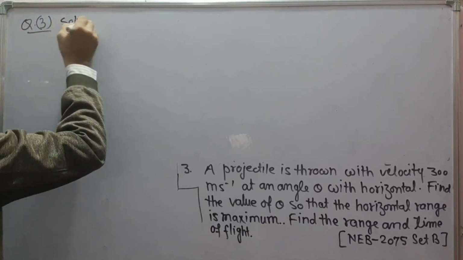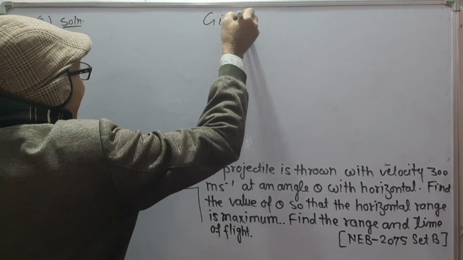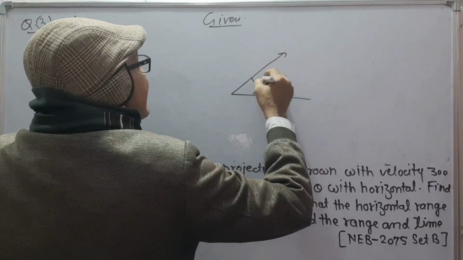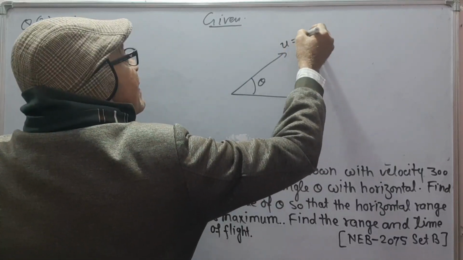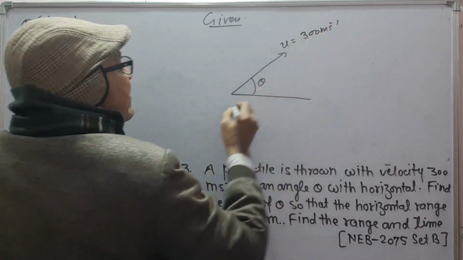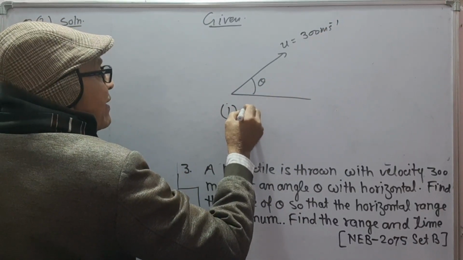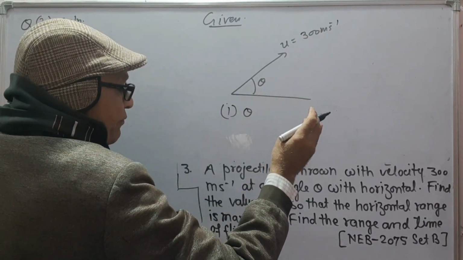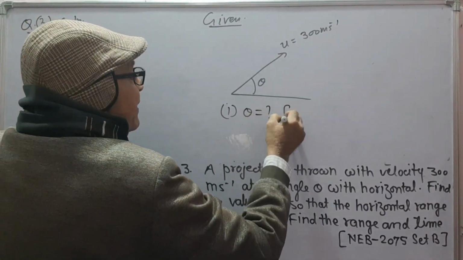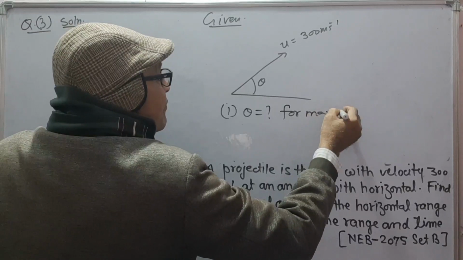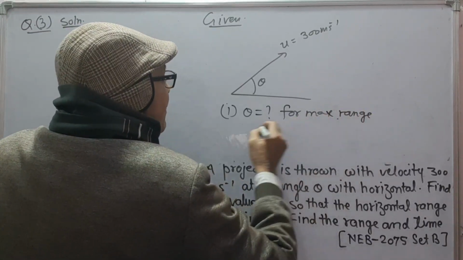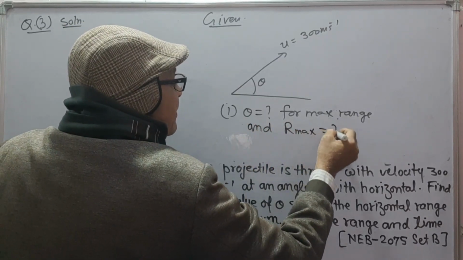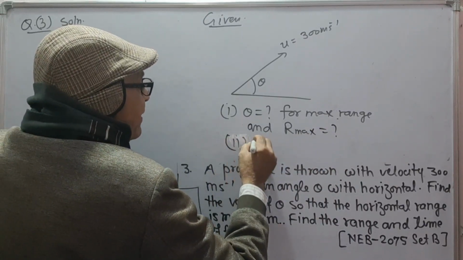Solution: given, for the projectile thrown at angle theta with velocity 300 meter per second, we have to find theta for maximum range and R maximum, and we have to also find the time of flight.